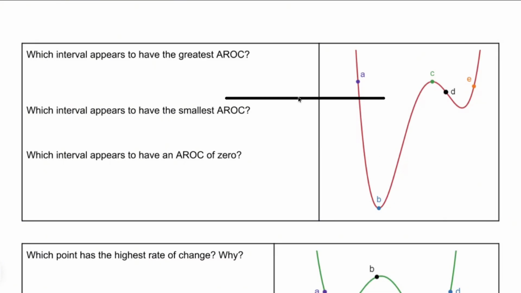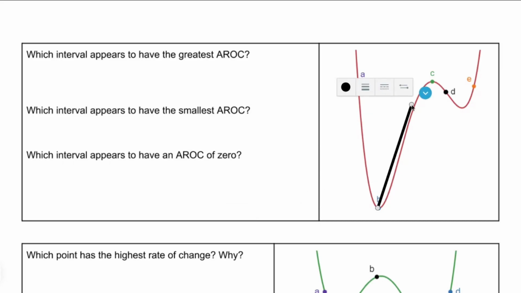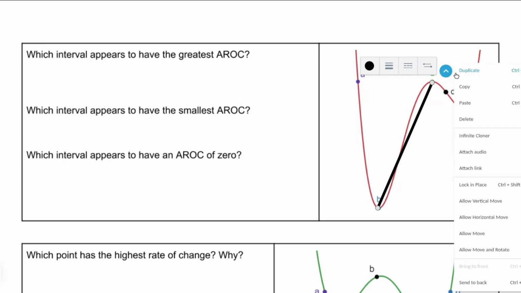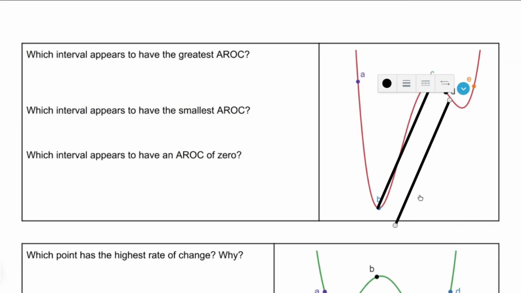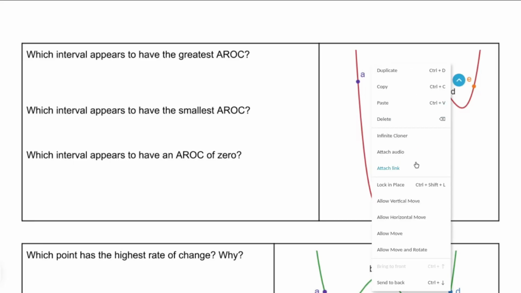All right. So if I were to go from A to B, it's going to be negative. I don't want you. So from B to C, I have a steep slope. Pretty steep slope. Okay. I'm going to duplicate this. From B to D, I have another positive slope. Let's duplicate this one more time.